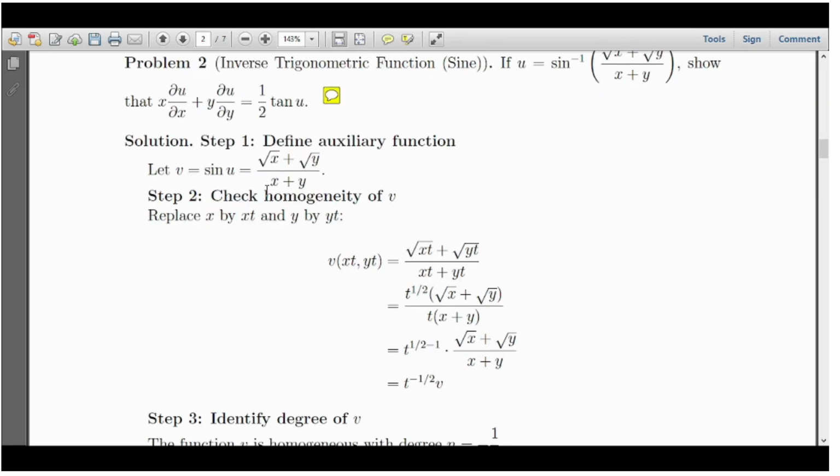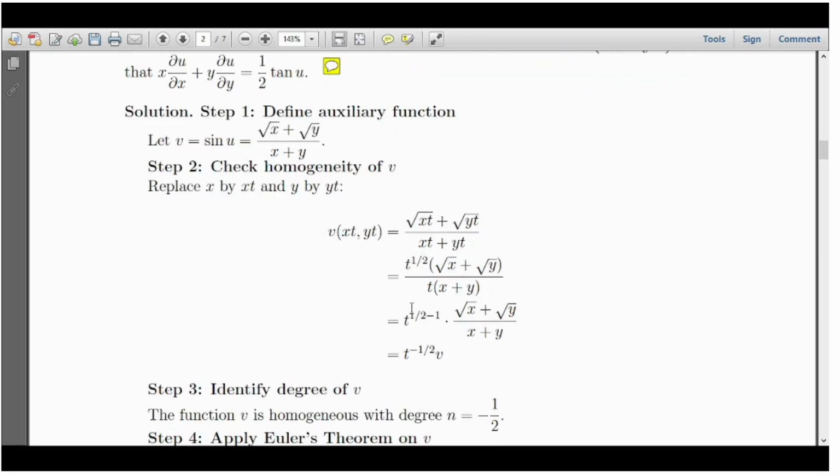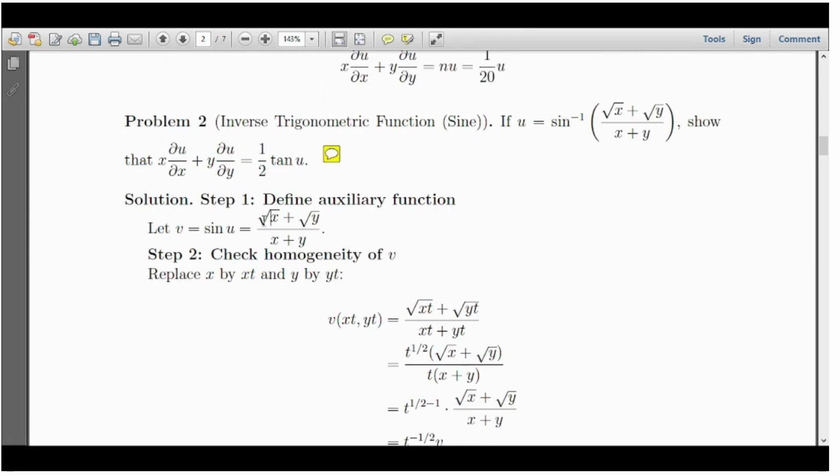So we check the homogeneity, replace x with xt and y with yt. So this is easy. How to find the degree? Numerator degree is 1/2, since all terms have degree 1/2. Denominator degree is 1, since all terms have degree 1.